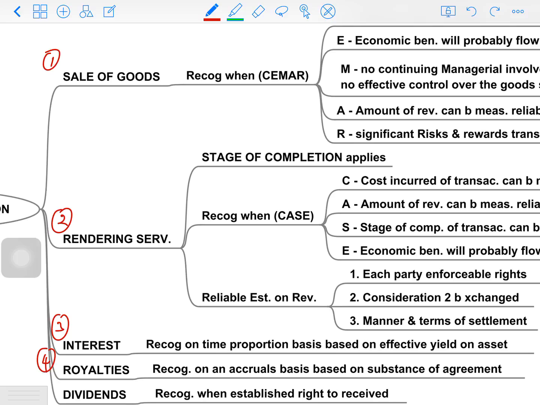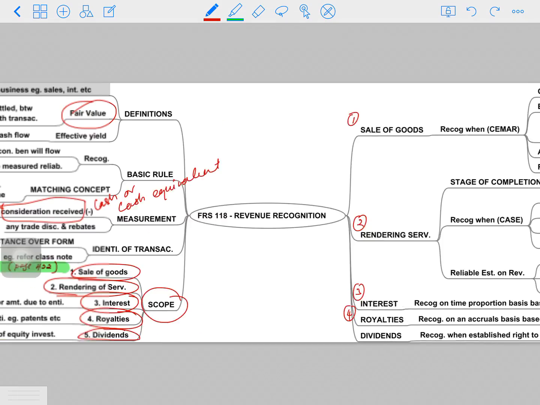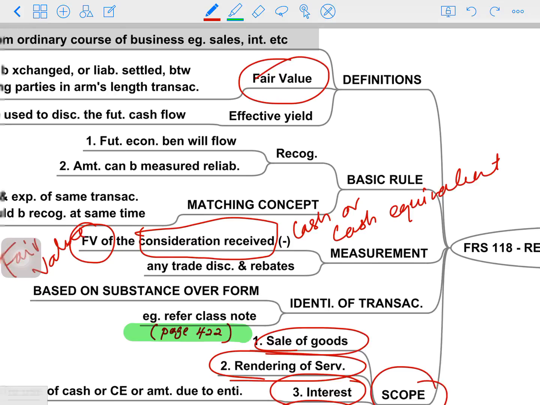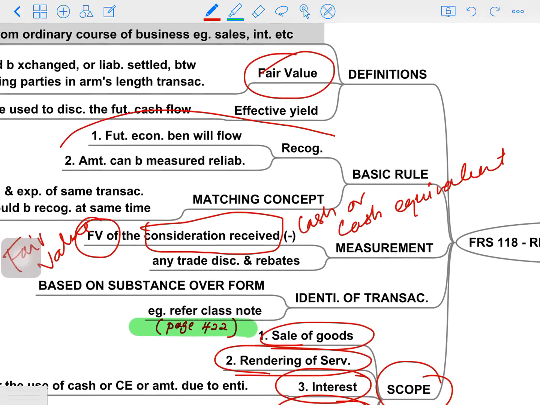As I mentioned earlier, for revenue recognition, generally the basic rule is that you must have future economic benefit will flow. Maknanya you akan dapat benefit daripada sale of your goods and services.